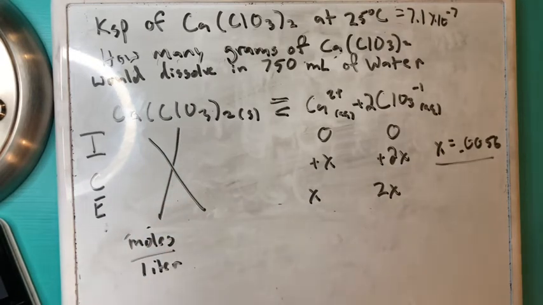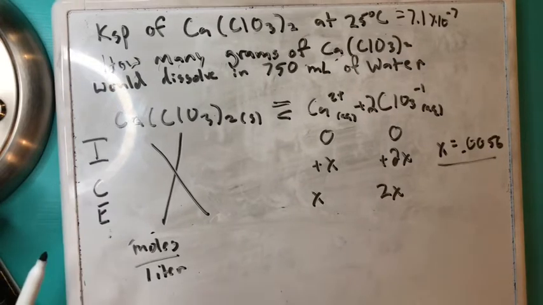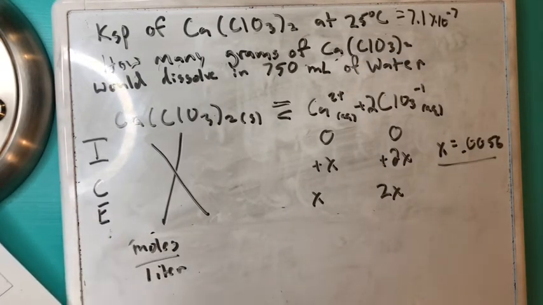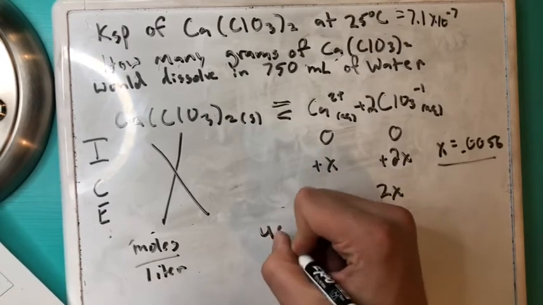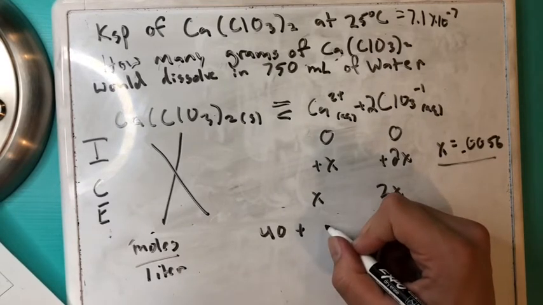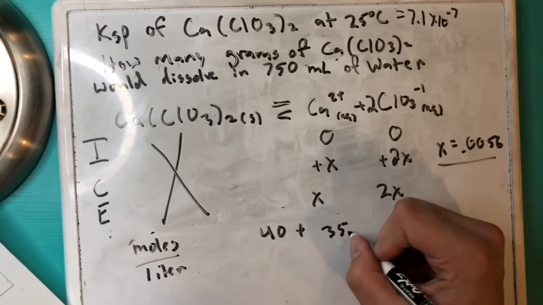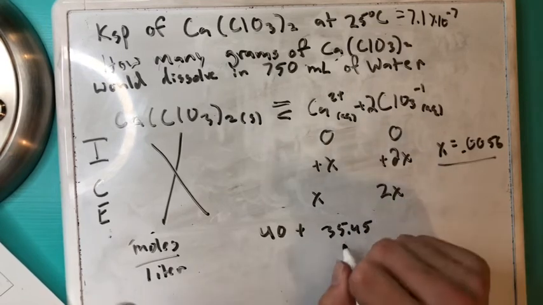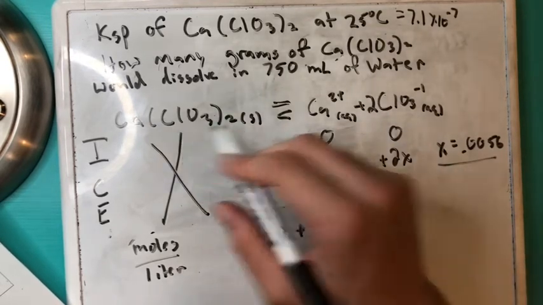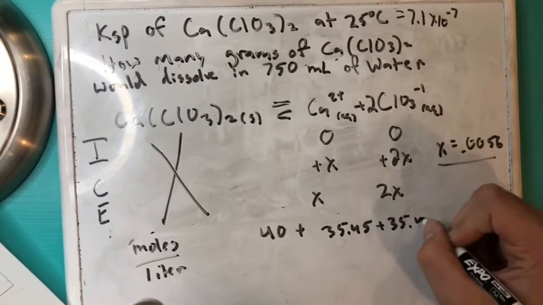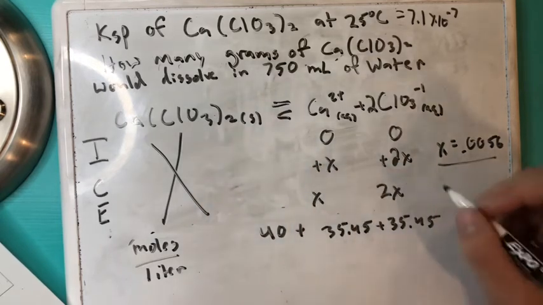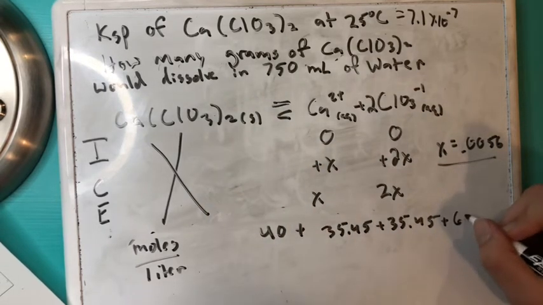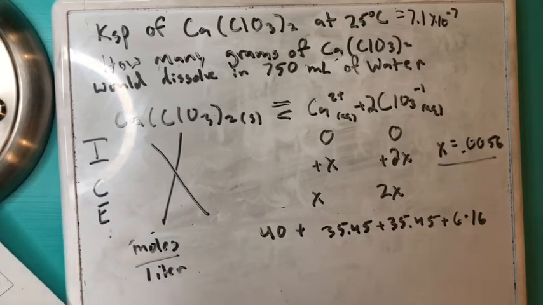Well, first, to do that, we need to add up the molar mass of that compound. So calcium, having a molar mass of 40, plus chlorine, which has a molar mass of 35.45, and there's 2 of them, so plus 35.45, and then there's going to be 6 oxygen because the O3 times the 2, so plus 6 times 16, which is the molar mass of oxygen, and I'll do that on my calculator real quick.